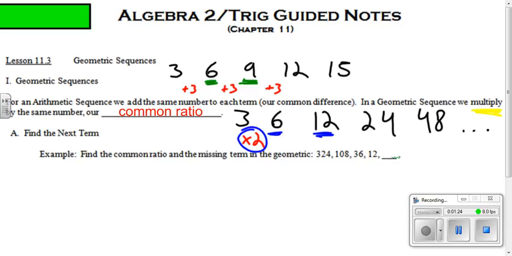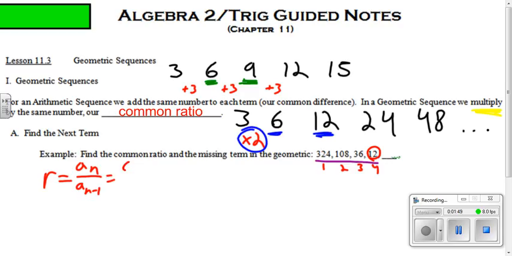So if we wanted to find the common ratio of this particular geometric sequence and use it to find the missing term, I would need to find r and say that it's a sub n over a sub n minus 1. If I use my a sub n as 12, that is our 4th term.